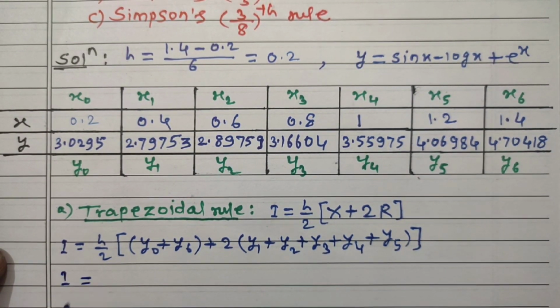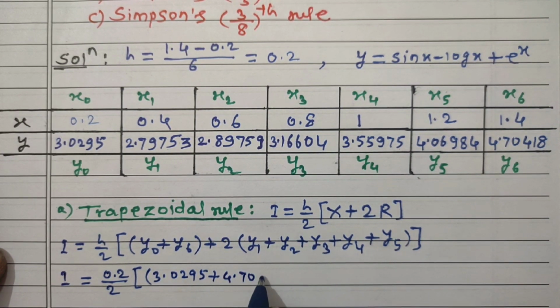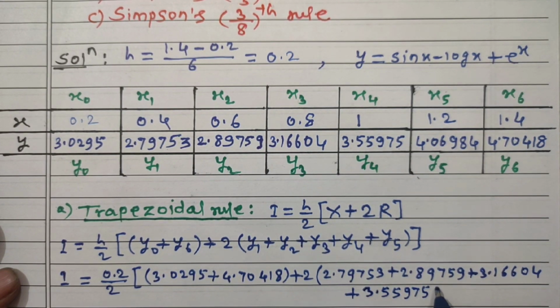I is equal to h is 0.2 divided by 2 into bracket y0 is 3.0295 plus y6 is 4.70418 plus 2 times 2.79753 plus 2.89759 plus 3.16604 plus 3.55975 plus 4.06984.